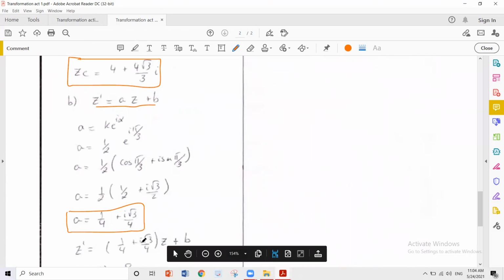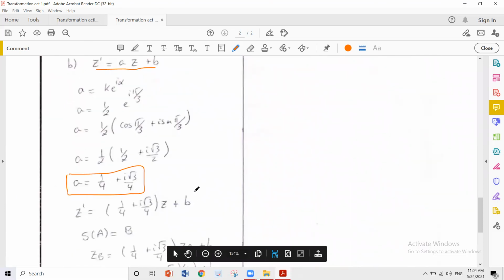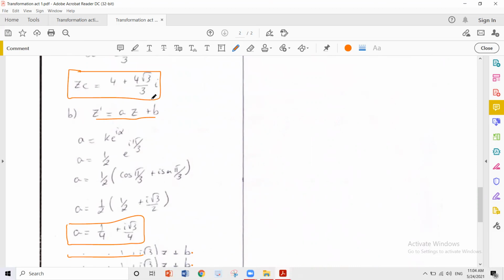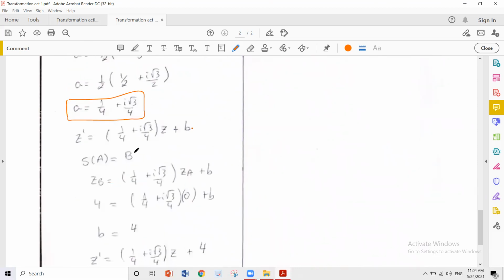So Z prime equals 1 over 4 plus i radical 3 over 4 times Z plus B. To find B, I can say S of A equals B. So ZB equals 1 over 4 plus i radical 3 over 4 times ZA plus B. ZB is 4, ZA is 0.